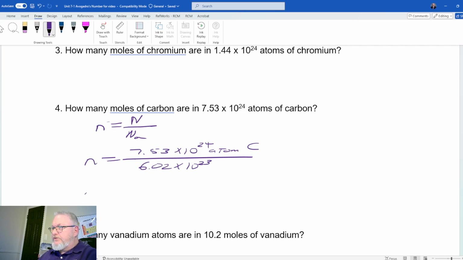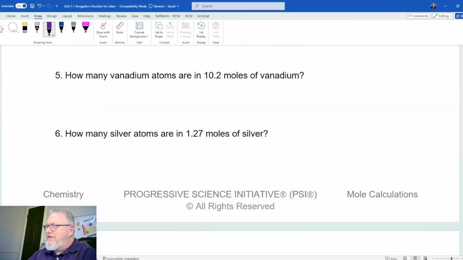Okay, so that's how many moles we got. That's a lot of moles. 12.50 moles of carbon. Getting the hang of it, after you get the hang of it, it's not too bad.